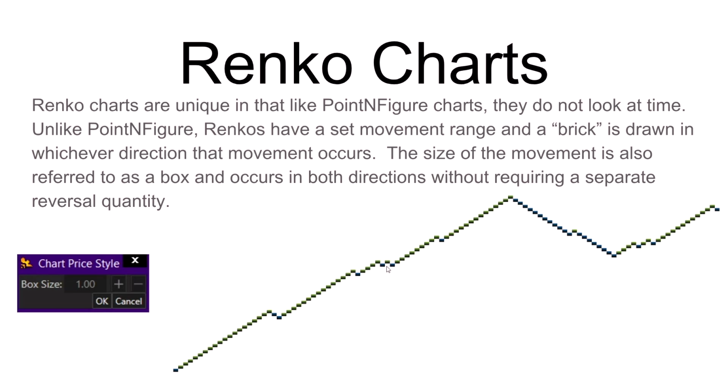If it's moved 5 pips and our box size is 1, we'll see 5 of these bricks side by side. If we set our box size to 3 and we move 5 pips bullish and then 3 pips bearish, we'll only see 1 brick in that bullish direction, and then we'll have 1 brick in the bearish direction, just like we see here.